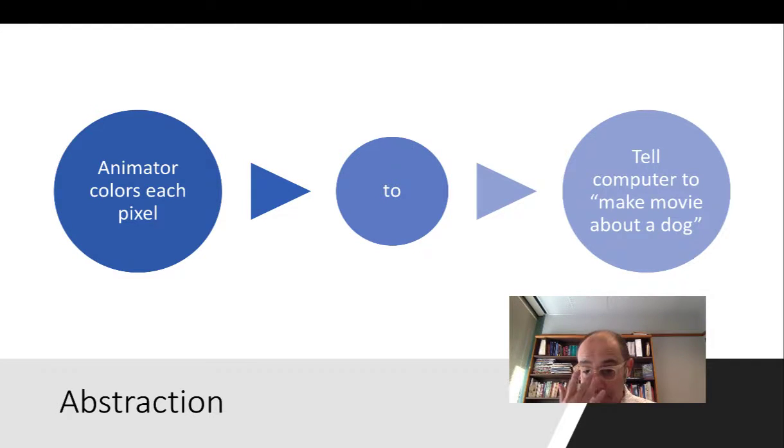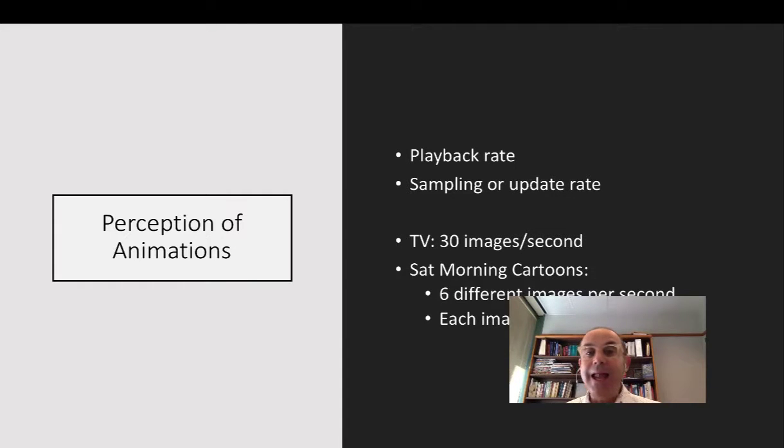In abstract, the animator colors each pixel in order for us to make a movie about a dog. So we are using each pixel to color it and to create that illusion that there is something going on with a dog. And we have the playback, and we have a sample or update rate.